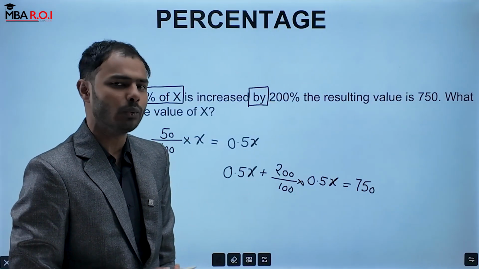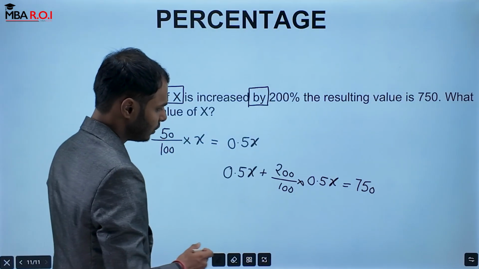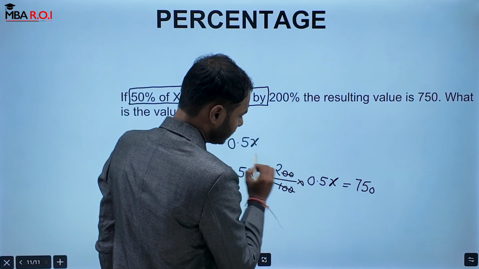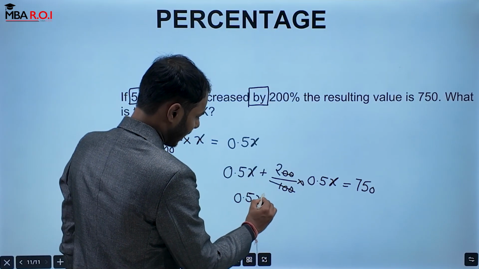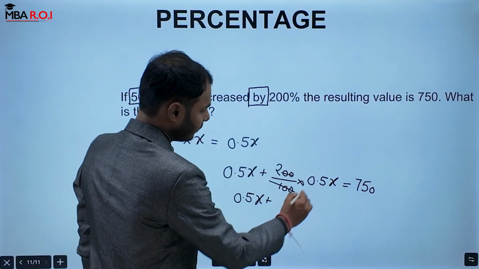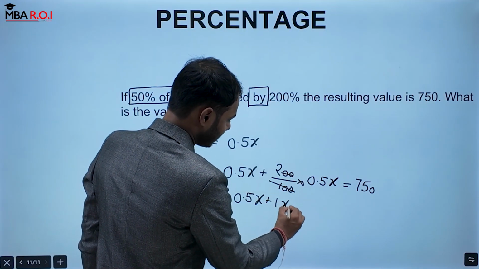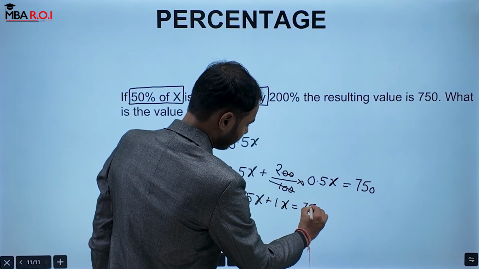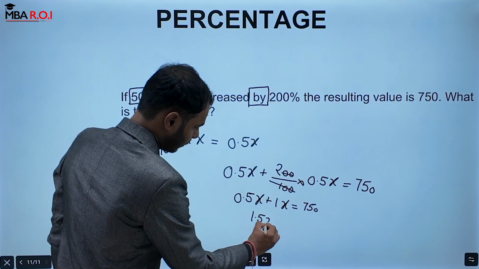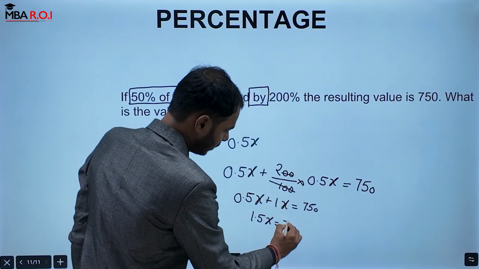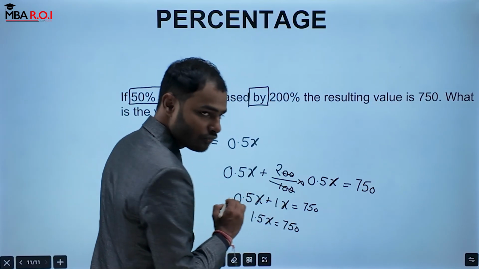Now we can simplify this equation and find the value of x. These zeros will be cancelled first of all. Here we will have 0.5x plus 1x, and that is equal to 750. This is equal to 1.5x, which is equal to 750.